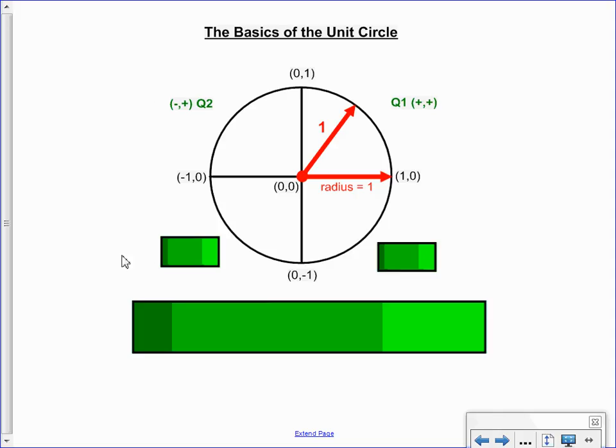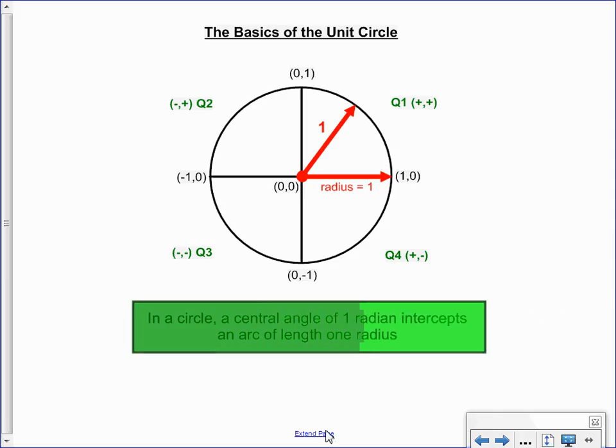And continuing on, in quadrant 3, both the x and the y values are negative. And in quadrant 4, the x value is positive, but the y value is negative. No big mystery there, right? Okay.